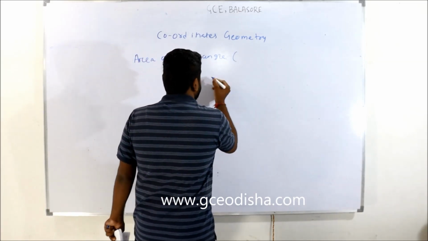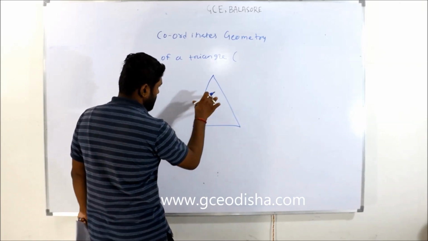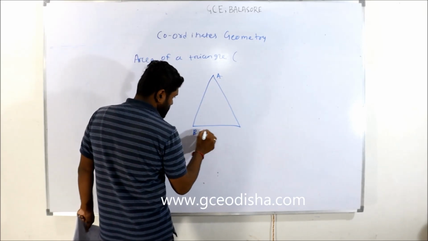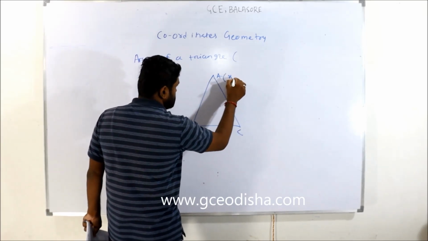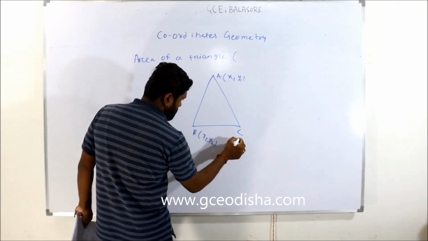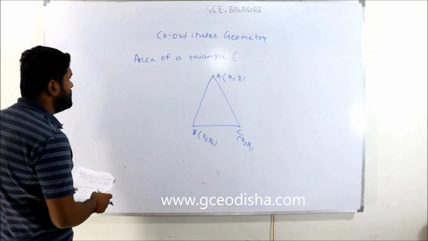Let the triangle have three points joined by straight lines, the points A, B and C. The point A is x1 y1, the point B is x2 y2, and the point C is x3 y3. Find the area of the triangle.